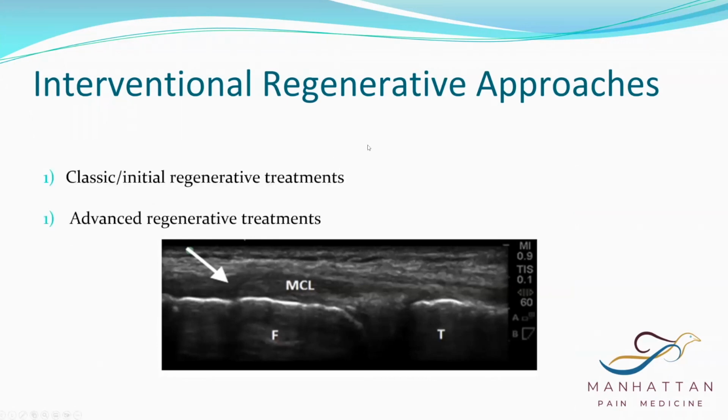Okay, so we talked a little bit about this, but there's really two approaches in the interventional aspects. One is what I call the classical and initial types of regenerative treatments, where we're really targeting a global area.